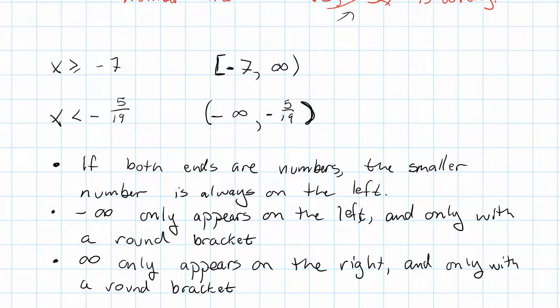Positive infinity only appears on the right, but like -infinity, it only appears with a round bracket. Whenever you've written an interval, you should always check that your interval obeys these rules.